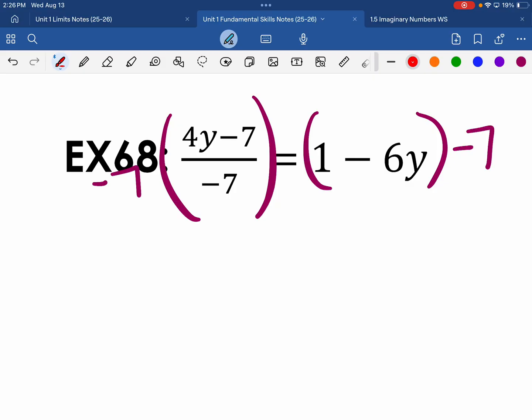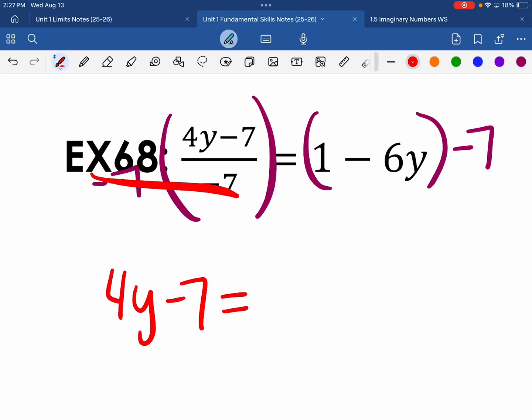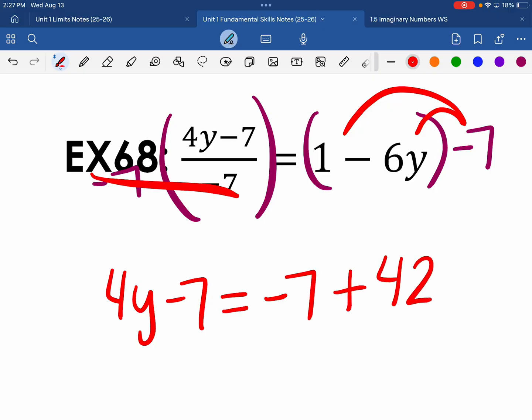On the left side, what happens with these -7s? They cancel, and I'm left with 4y minus 7. Over here, I'm going to distribute my -7. So I get -7 plus 42y.